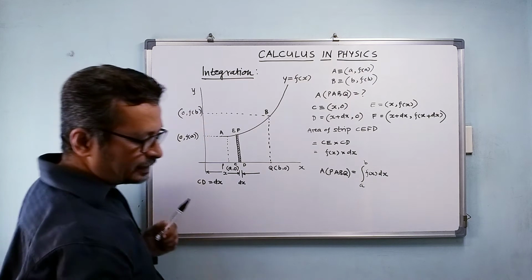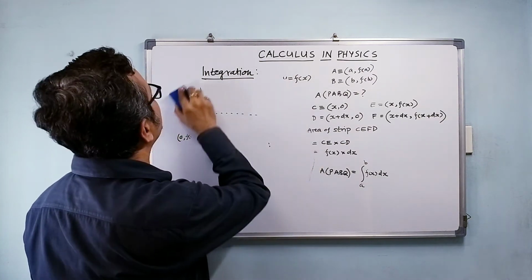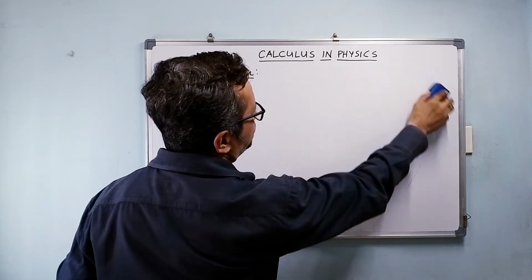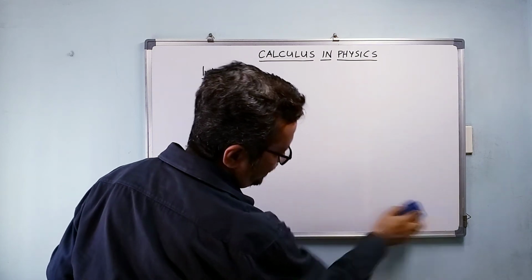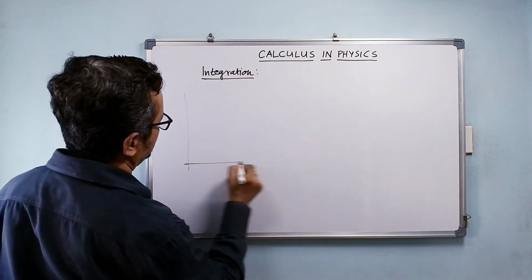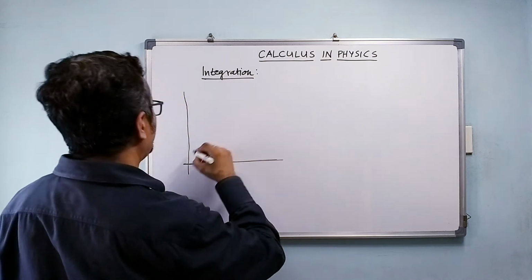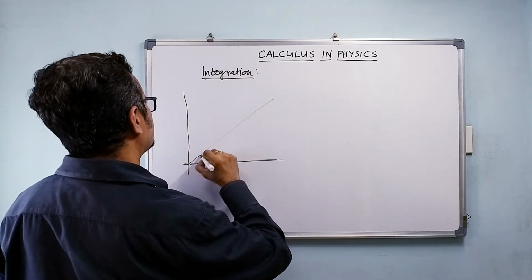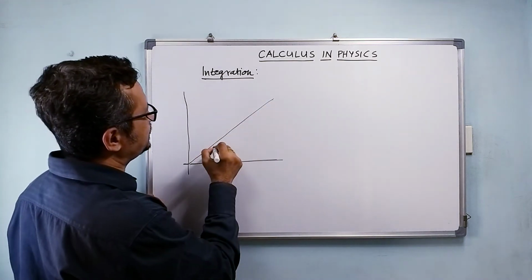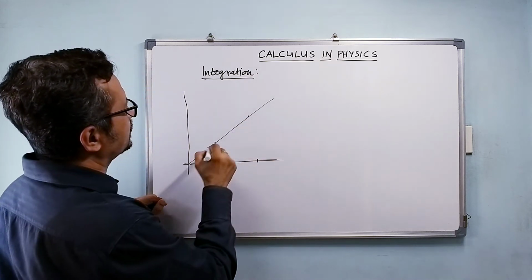Now I'll quickly give you an example here. Now instead of having that curve y is equal to fx, if I take a straight line, and this is the straight line, okay, I want to find this area, correct?